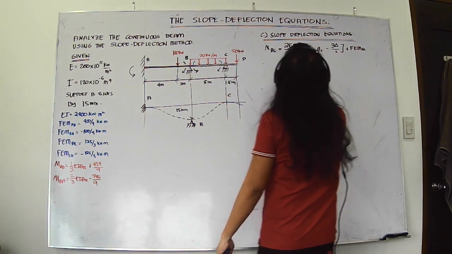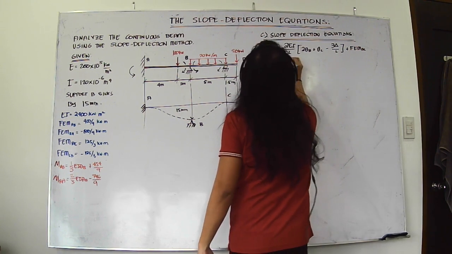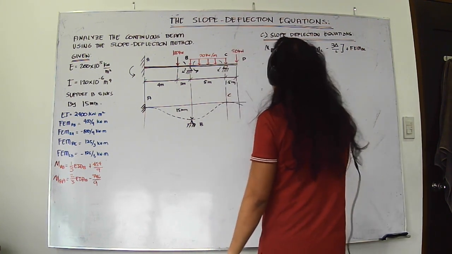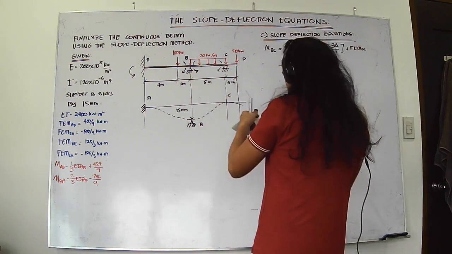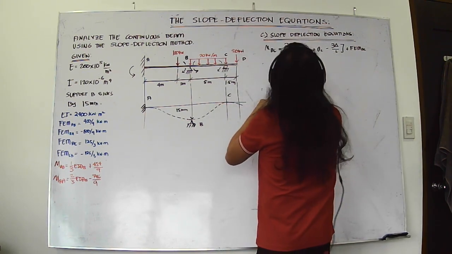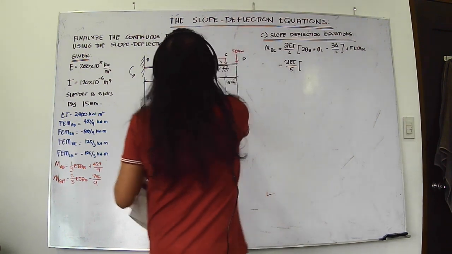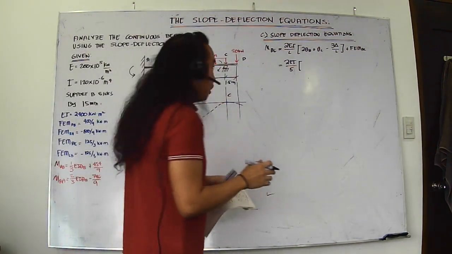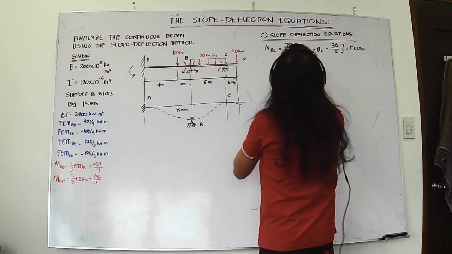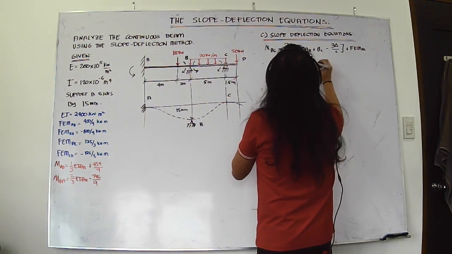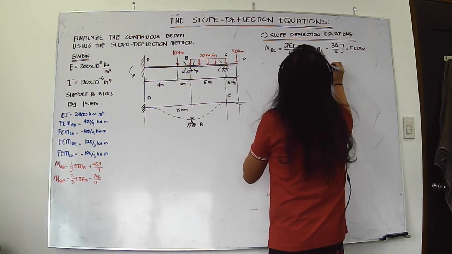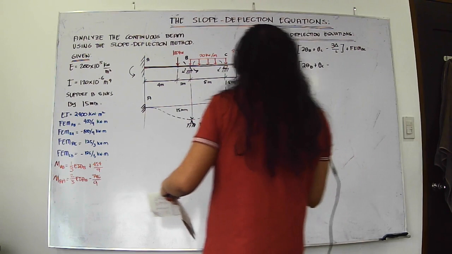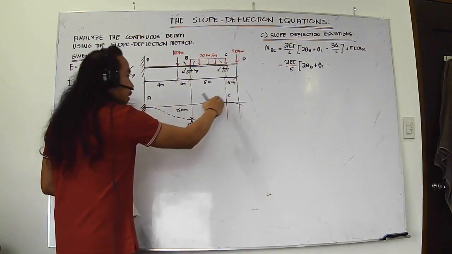MBC. Okay, so the same process here. This is just 2EI, and L here is 5. But this time delta, theta B and theta C are values. Theta B will not be annihilated, plus theta C minus 3, but this time you can view it from here to here.